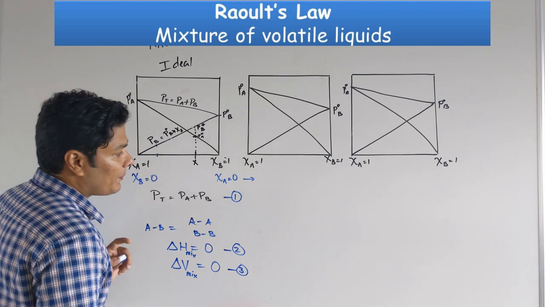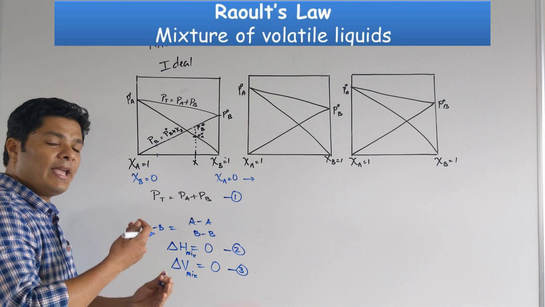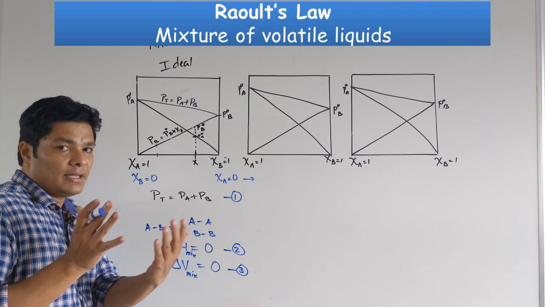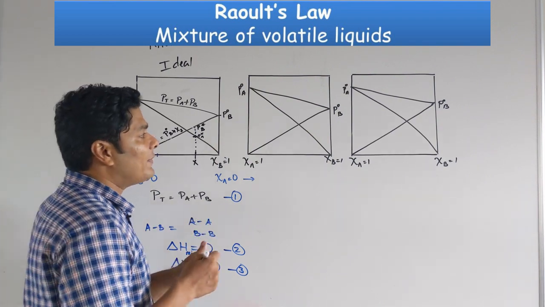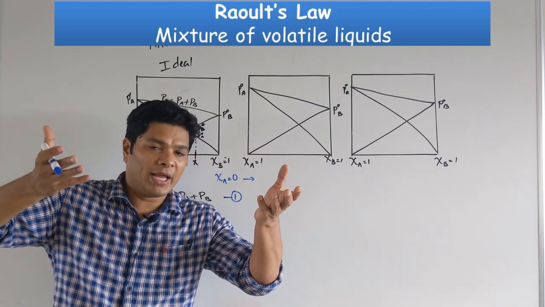Now, what if the solutions do not behave well, okay. What if they do not behave ideally? What they can do is, they may love each other more, okay. They may love each other more means they will come closer together, okay. If they love more, for example, A wants to go into vapor, B wants to go into vapor, at their own rate.